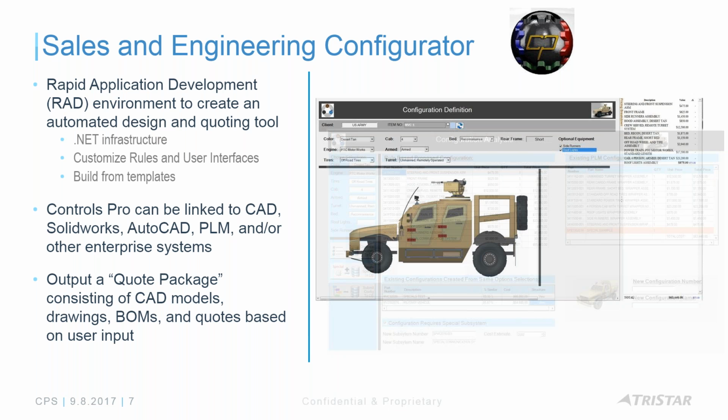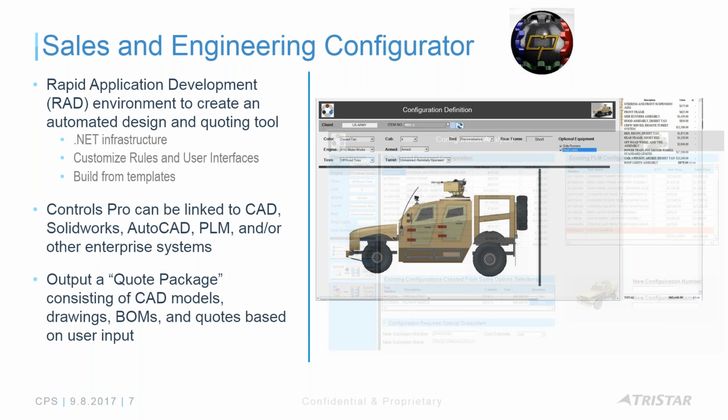From a simple interface, they're able to build these configurations, look at them either in 2D or 3D, essentially get the mock-up, and also get the costing data from ERP.